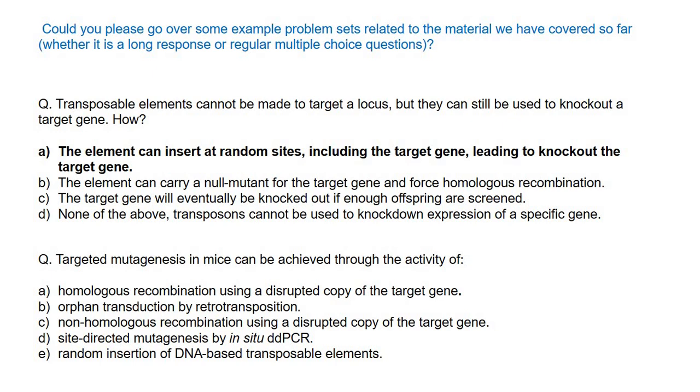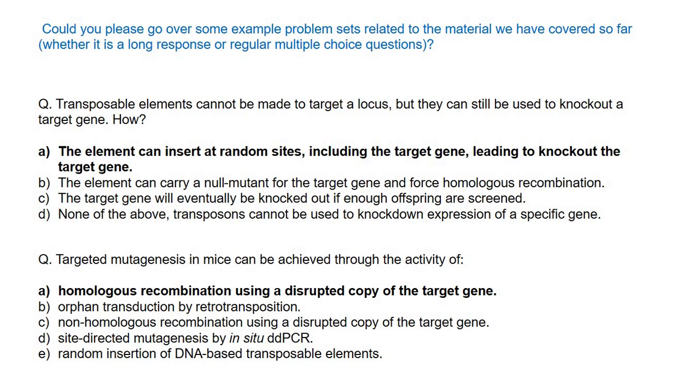Okay, so one of the ways we can do targeted mutagenesis is by homologous recombination. If we use a disrupted copy of the target gene, that means we have changed the copy of the targeted gene so that it will not make the correct protein, and we use that for homologous recombination.